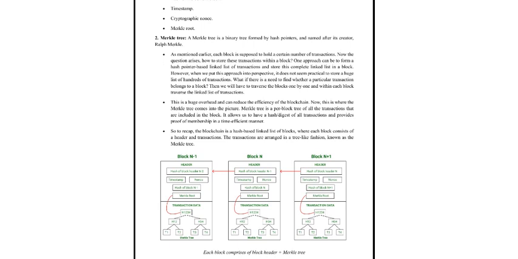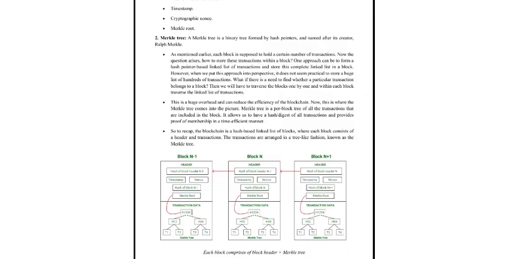The question arises, how to store these transactions within a block. One approach can be to form a hash pointer based linked list of transactions and store this complete linked list in a block. However, it does not seem practical to store a huge list of hundreds of transactions, right?